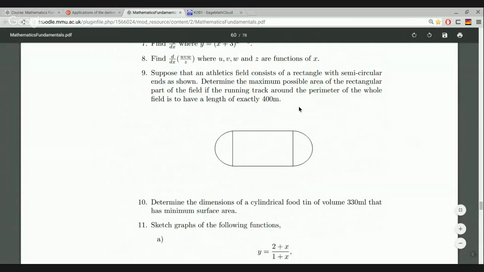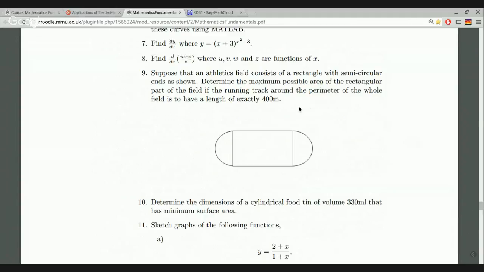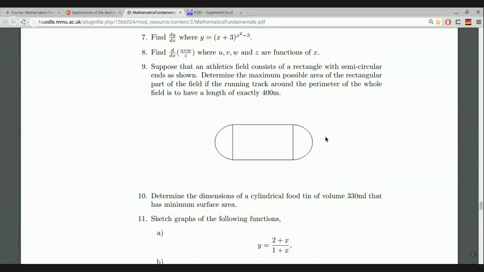Now, proper athletics tracks are 400 meters around the perimeter, aren't they? So 400 meters is one lap. That's a constraint. You want athletics tracks to be standard, so you can have standardized competitions and records and so on. So we need a perimeter of 400 meters, but we'd also like to maximize the space in the middle for all the field events, the jumping and the throwing and all that.